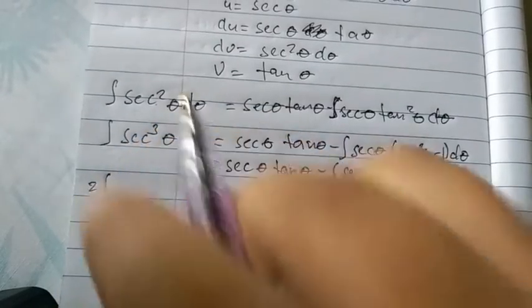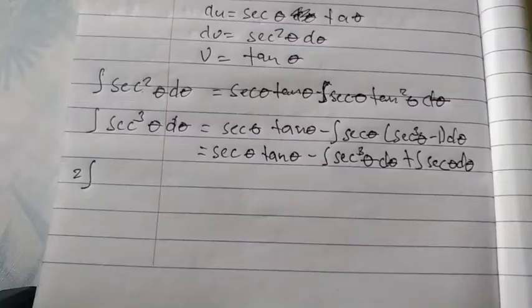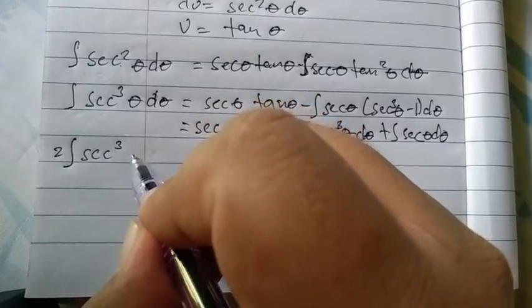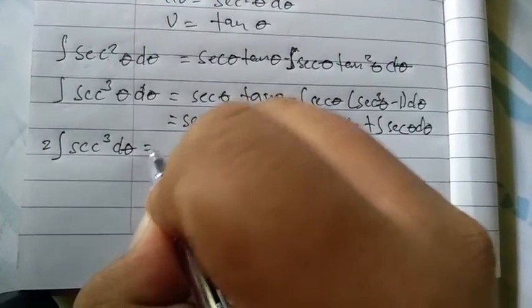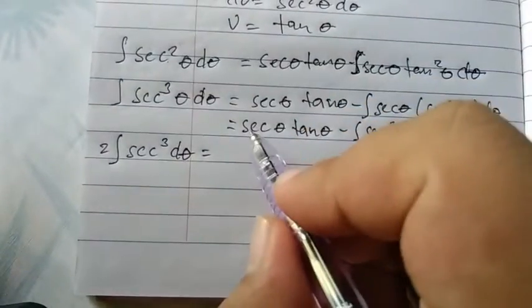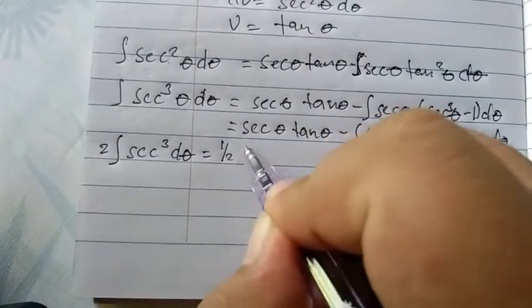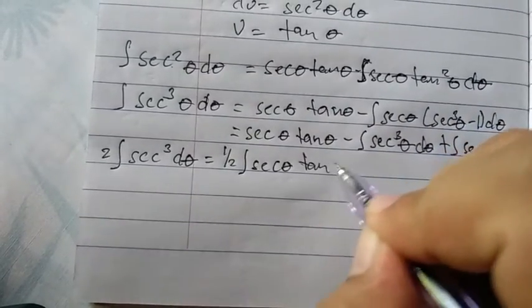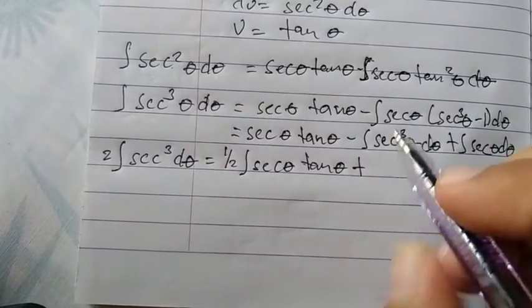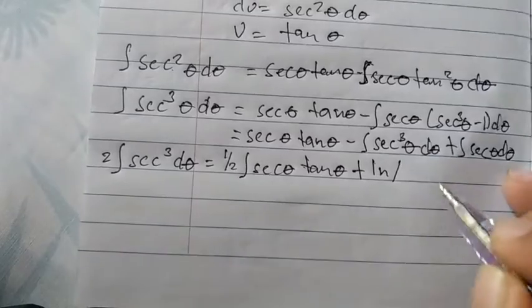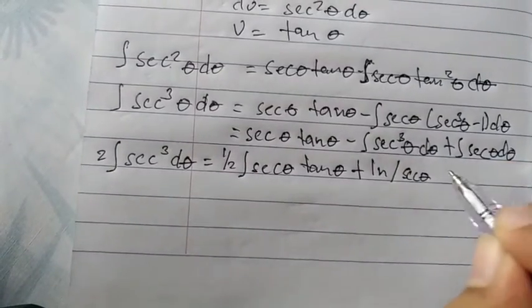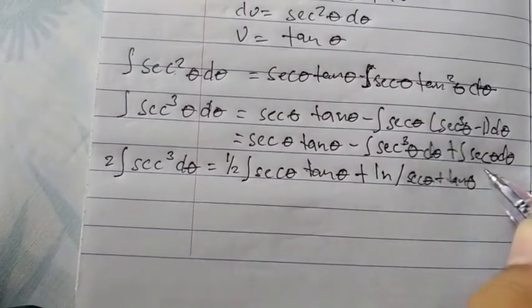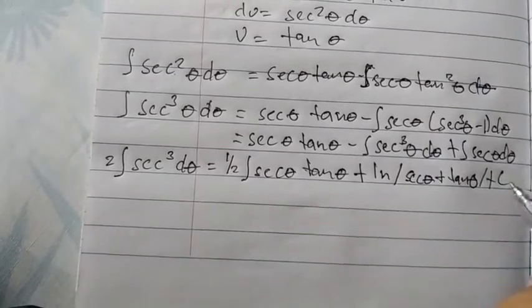Then we're going to solve this by adding this part. There will be 2 times the integral of sec cubed theta d theta equals, adding here, 1/2 sec theta tan theta plus ln absolute value of sec theta plus tan theta, plus c, adding our arbitrary constant.